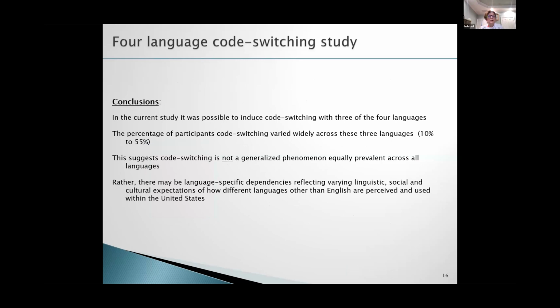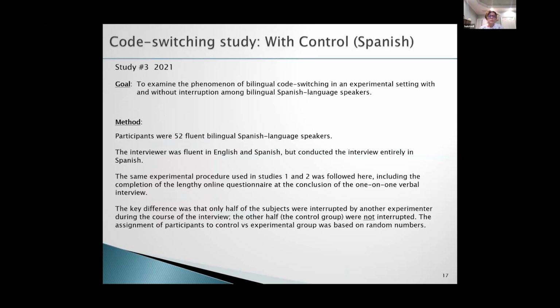After this, we thought, okay, maybe we needed a control group, because perhaps they would spontaneously code switch. So the next slide shows the Spanish code switching. This time we experimented with Spanish again, simply because at Queens University in North Carolina, there are more Spanish native speakers to recruit as participants. We invited 52 fluent bilingual Spanish speakers.